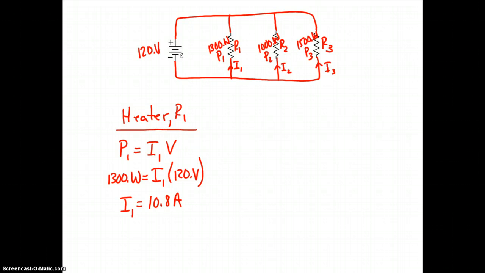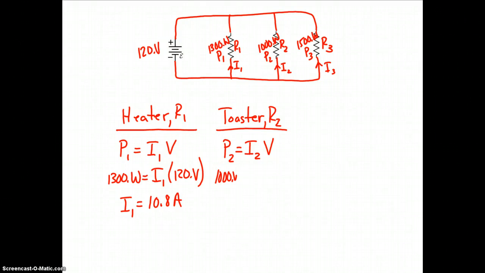Now shift to the toaster, resistor R2. Repeat that calculation, but with its electrical quantities. It uses 1,000 watts of power and 120 volts. So the current through the toaster is 8.33 amps when we divide.